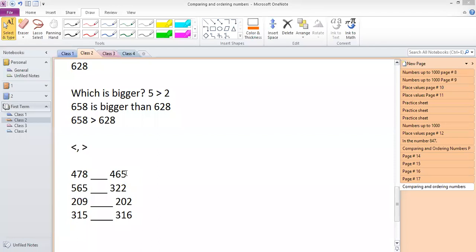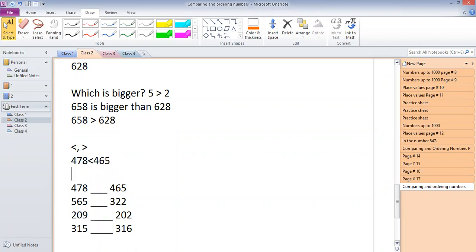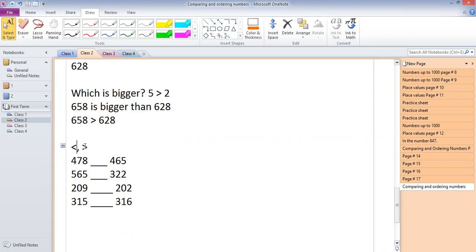Yes, exactly, Muhammad Majdi. Muhammad Majdi's answer is very good. You have to tell me the answer like this. Either you send the message 478 is this, or send the message in the chat box that 478 is this. Which sign should I put in that blank? That is what I'm asking. This one or this one?